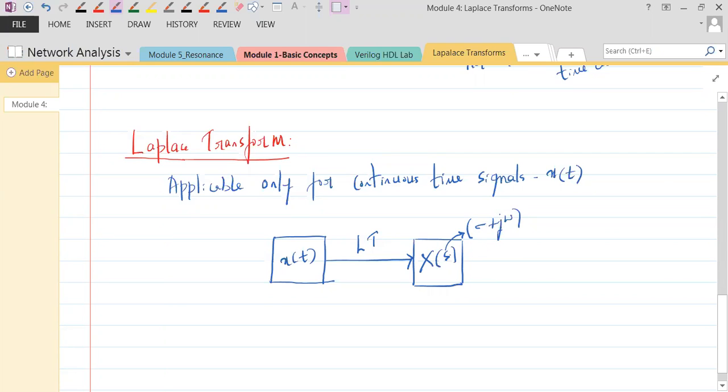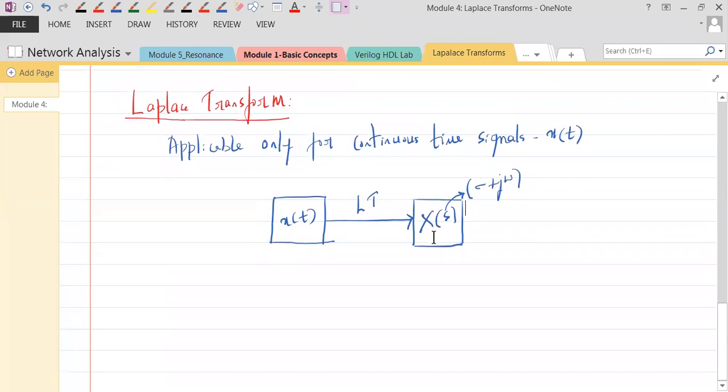It is represented in terms of s, which is complex in nature, like this, sigma plus j omega. So this is one way. So what is x of s? X of s is obtained when you apply Laplace transform on x of t.